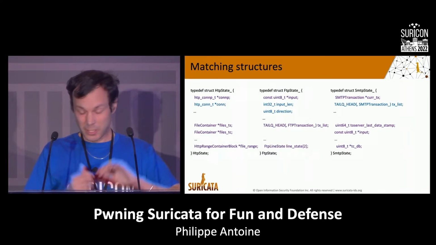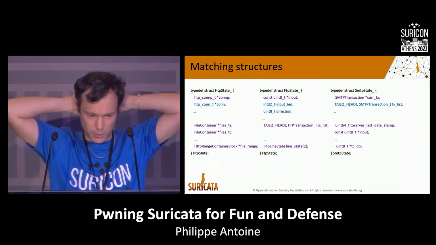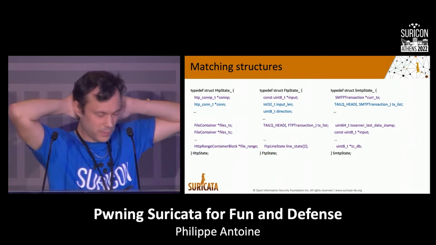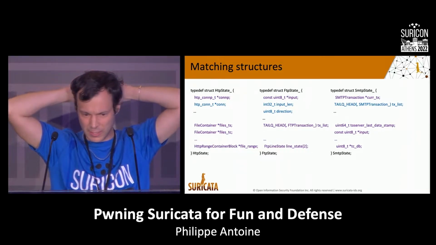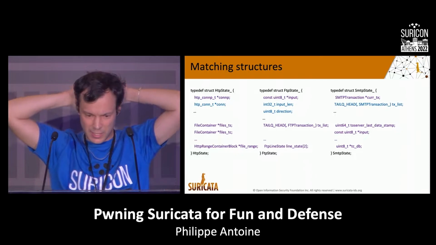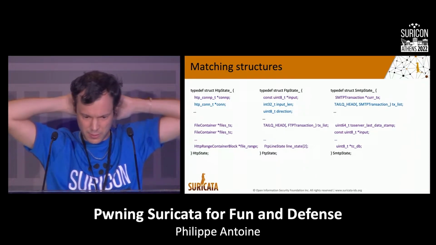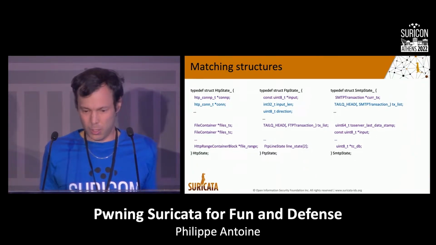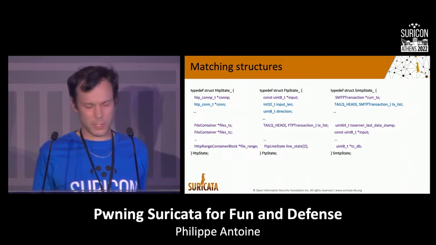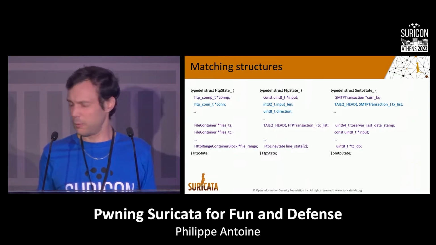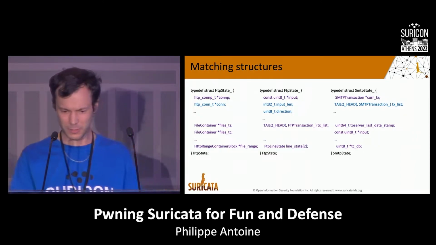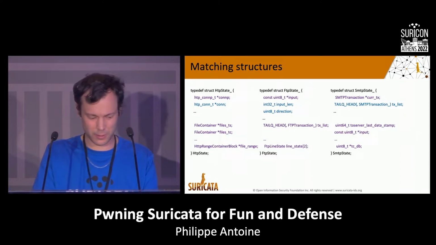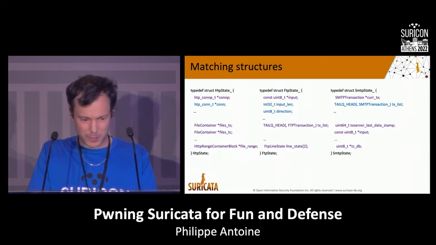So we can match the structure. The SMTP state structure with this argument, conp, file range, files tc, and FTP state or SMTP state structure. I did not add a PostgreSQL because I did not get the Rust memory layout, and I managed to do it without PostgreSQL, but there is maybe something to be added.